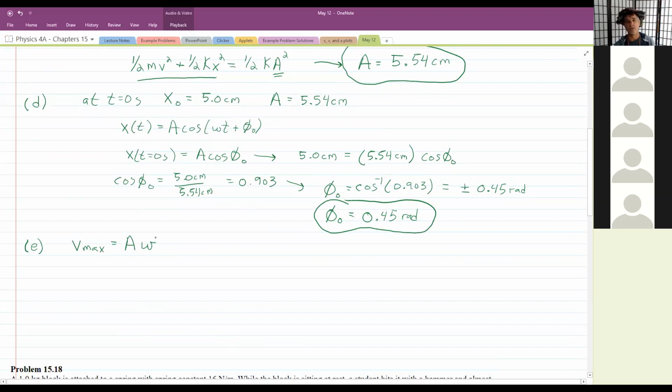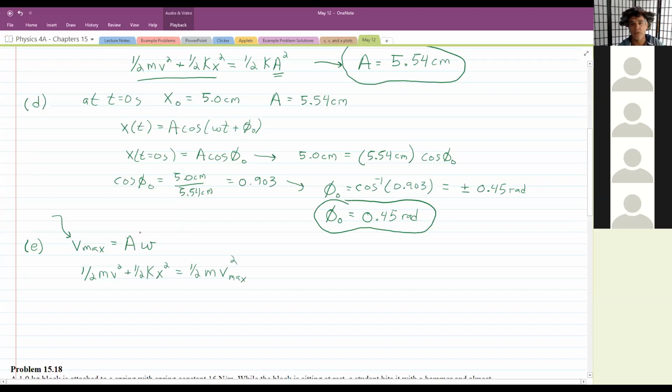I've got the amplitude, I've got omega, I could just solve for that. I could also use conservation of energy and say 1/2 mv squared plus 1/2 kx squared equals 1/2 m v max squared. Either one of these is going to give you the exact same answer. The first one is obviously the easier one algebraically.